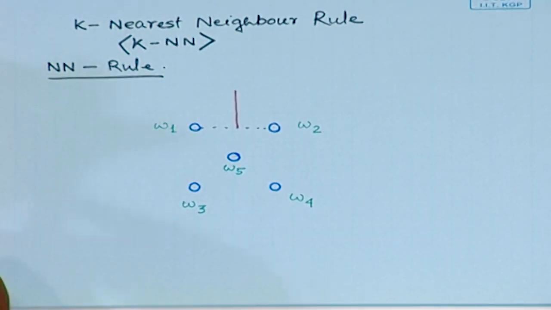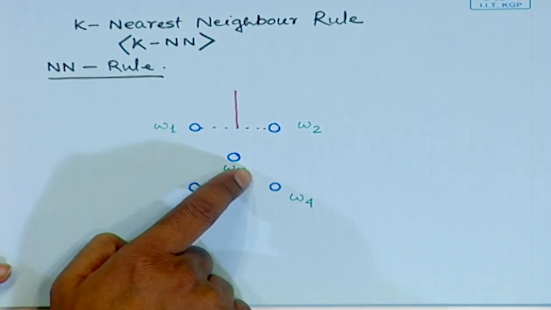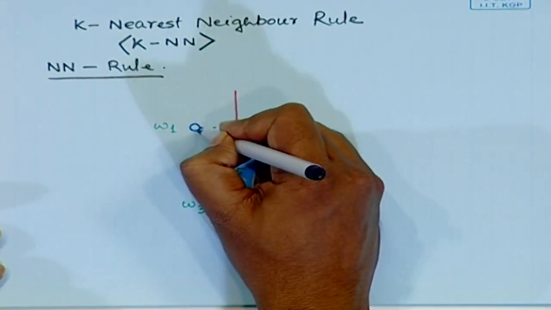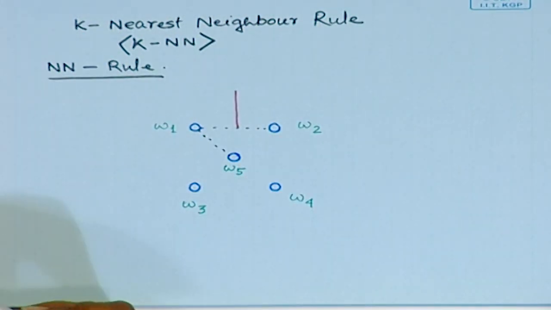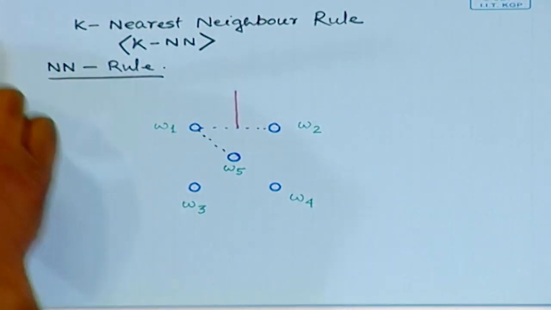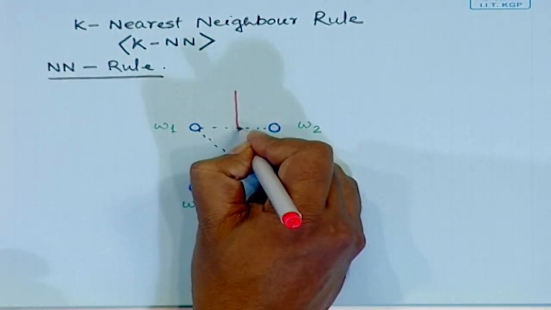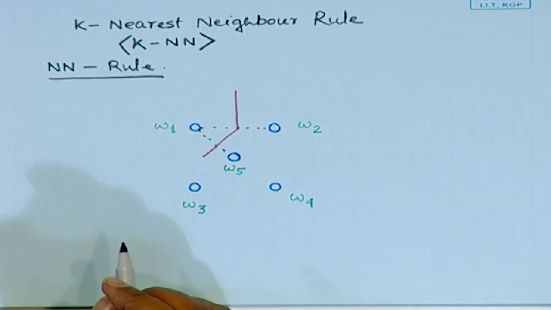Now, coming to the decision boundary between class omega 1 and omega 5, that will also be an orthogonal bisector of the line joining omega 1 and omega 5. So, this decision boundary will be simply this, right.